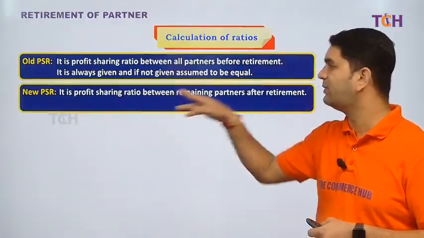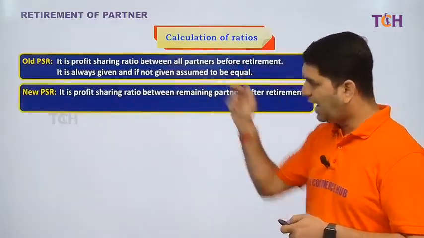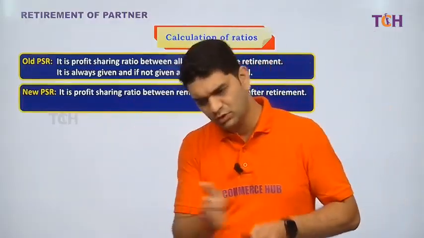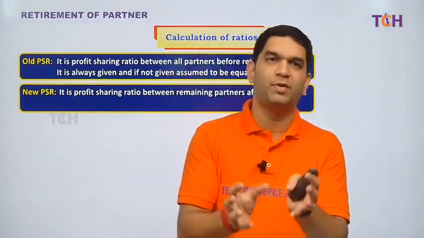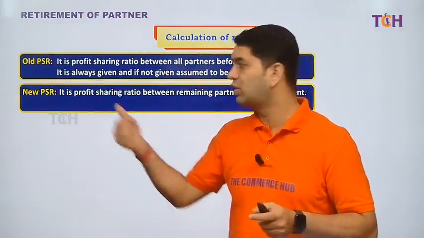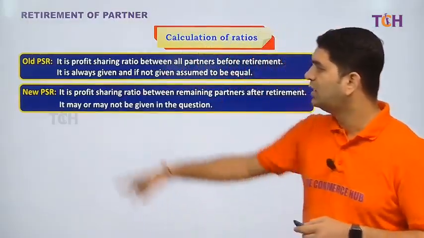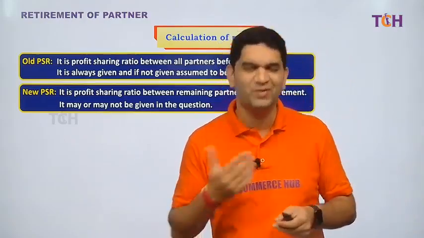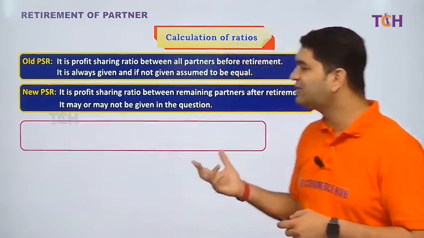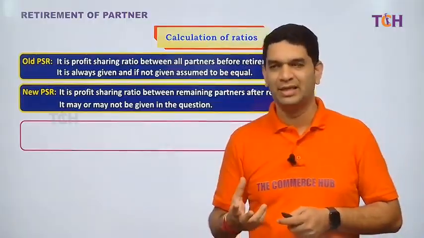It is the profit sharing ratio between remaining partners after retirement. So once the retiring partner is gone, the remaining partners are going to have a certain profit share, so that ratio is going to be the new profit sharing ratio. It may or may not be given in the question. If it is given, superb. If it is not given, we have to calculate it. So how it is to be calculated is very simple here.